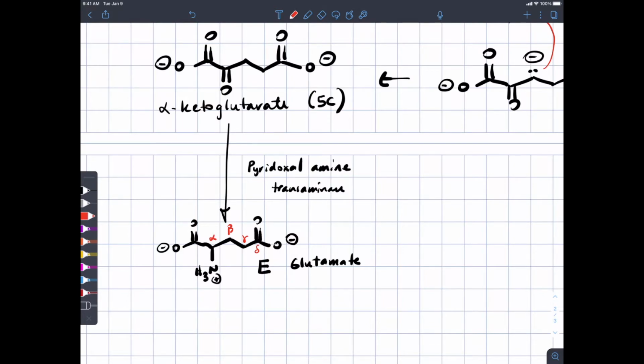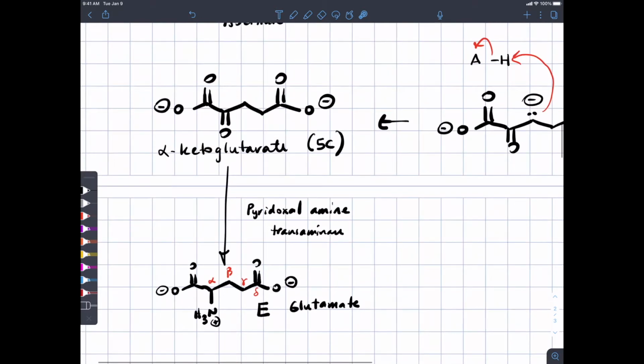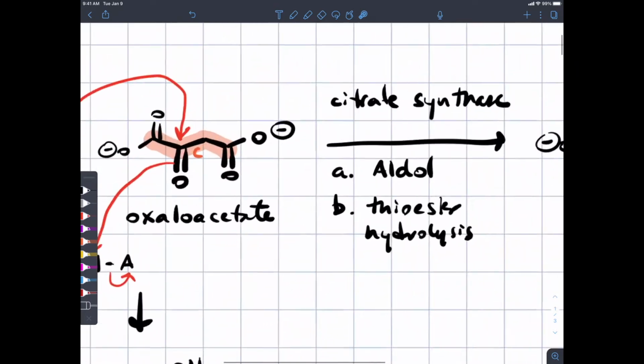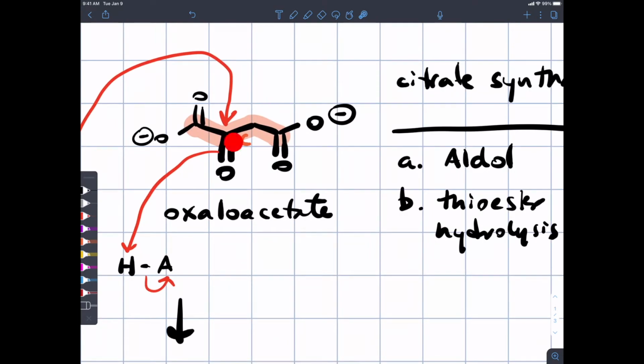Okay, so one of the ways you can make glutamate, if you need it, is to siphon off alpha-ketoglutarate as that source. By the way, you can go back and look at oxaloacetate and imagine doing the same reaction, installing an amino group there. Then what would you have? Aspartate, right?